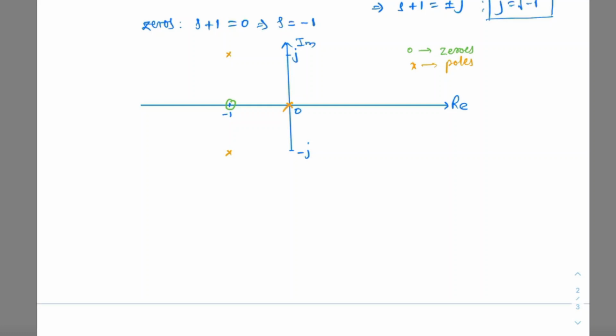This divides the real axis into the following regions: minus infinity to minus 1, minus 1 to 0, and 0 to infinity.